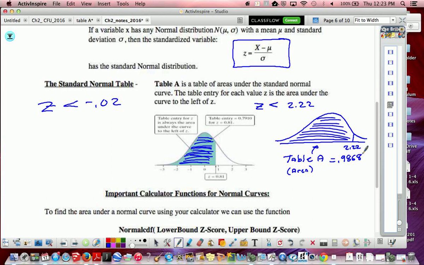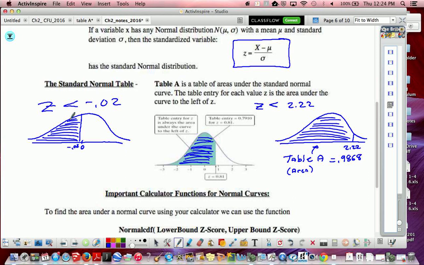So on this one, z is negative 0.02. If I'm looking at my normal curve, remember your mean is at 0, so negative 0.02 is going to be this area right here, less than. I know this answer is going to be pretty close to 0.5, because it's very close to half of my normal distribution.